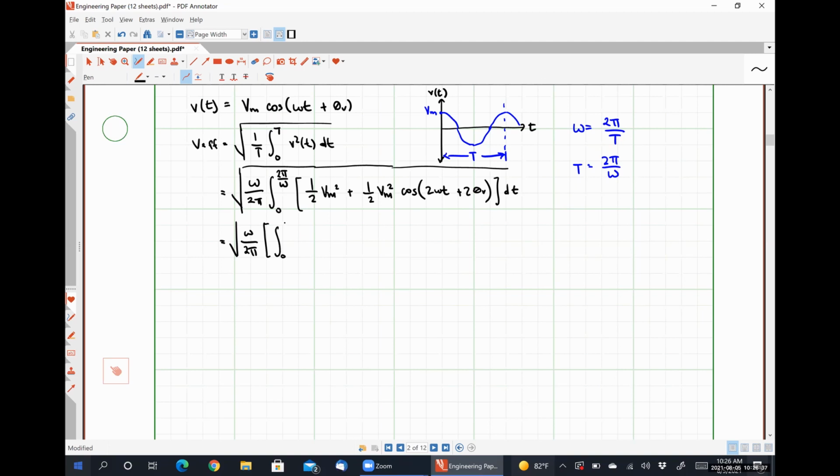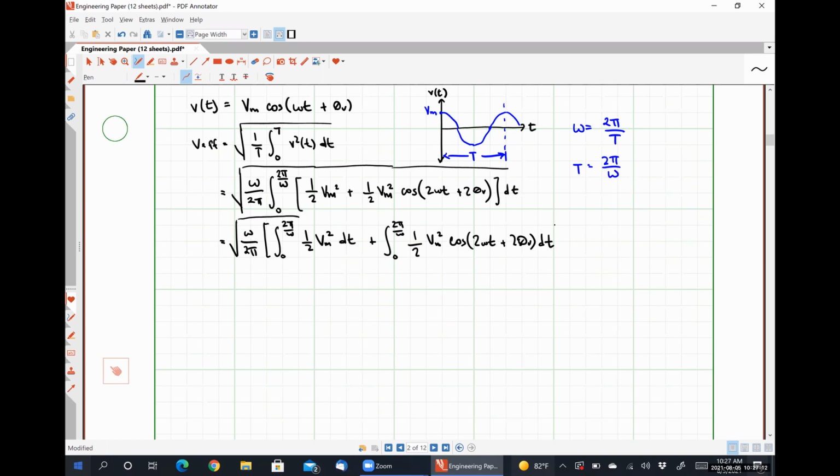So I'm going to have the integral from 0 to 2 pi over omega of 1/2 Vm squared dt, plus the integral from 0 to 2 pi over omega of 1/2 Vm squared cosine of twice omega t plus twice theta v dt.